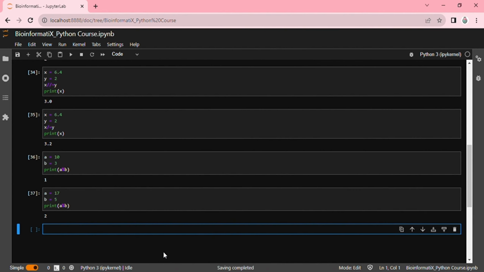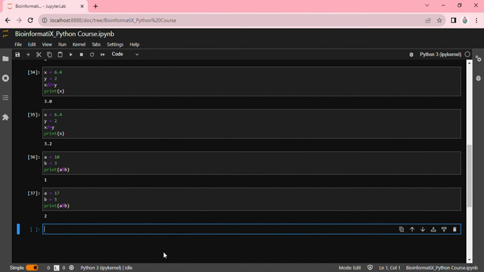Let's say some key points to keep in mind about the modulus operation. The remainder of the modulus operation is always a non-negative integer. The remainder is always positive or 0. Divisor not 0: the divisor in the modulus operation must not be 0. Division by 0 is undefined in mathematics.